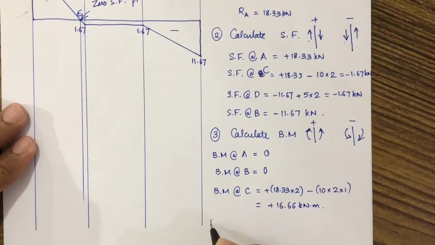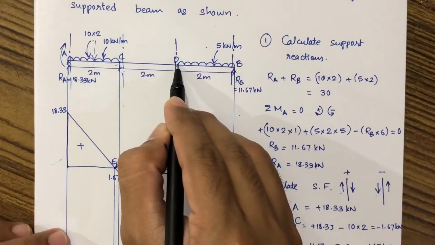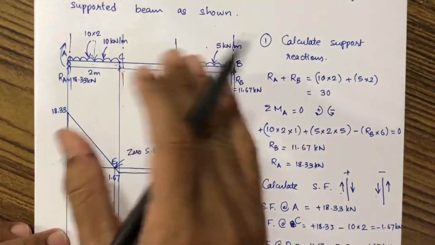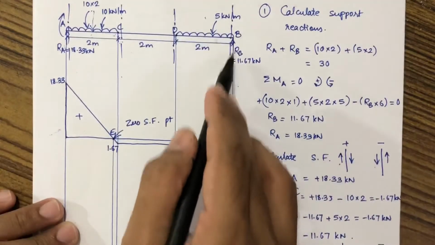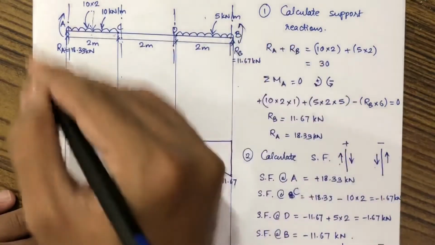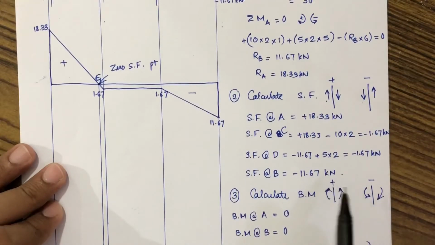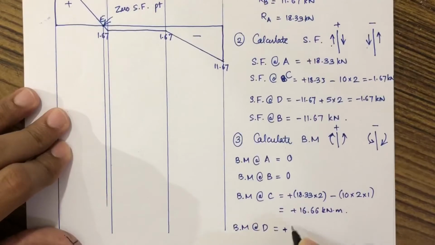Now let us find out bending moment at point D. Means at this point D, let us calculate the bending moment. Now let us take the right section. So if the force is moving like this, the moment will go like this. So to the right of the section, if the moment is going like this, it is plus. So this will be 11.67 multiplied by 2.